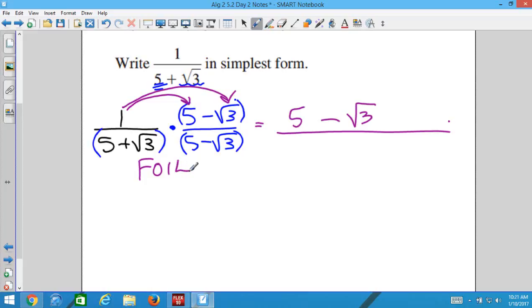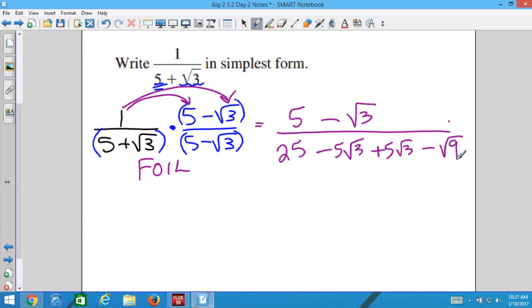If you know, then that is correct. I'm going to pretend that you don't know. 5 times 5 is 25. Then outer is going to be minus 5 radical 3. Inner is going to be plus 5 radical 3. Last is going to be minus radical 9. So that was FOIL.